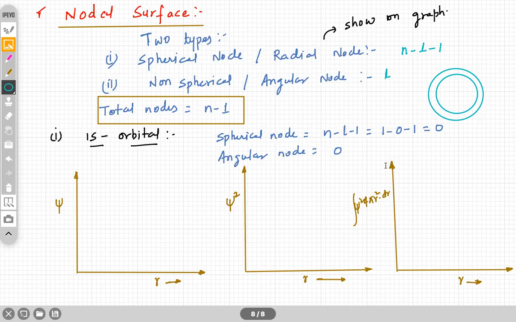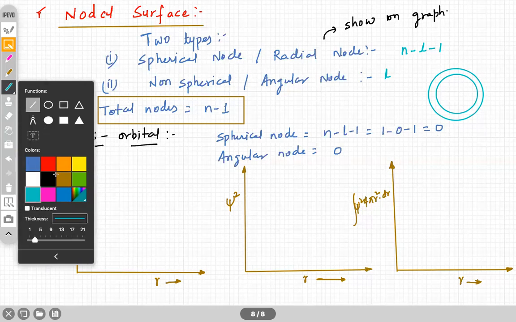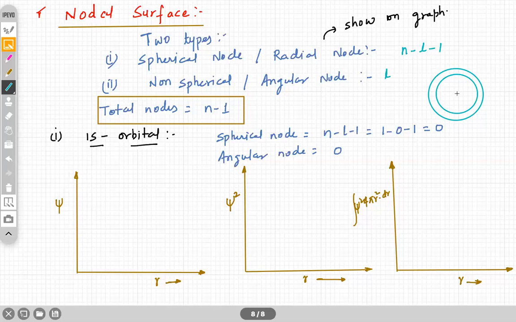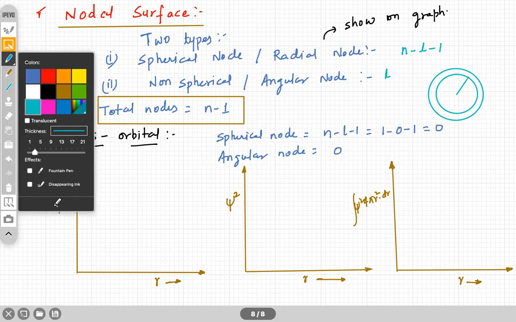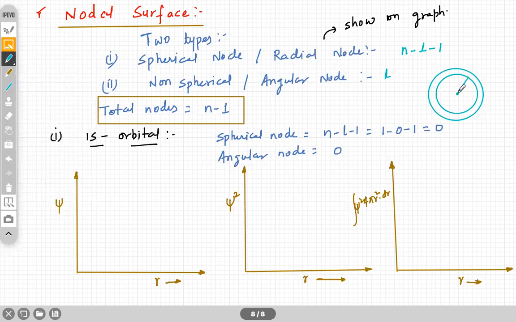This is the radius r we have from this point. And the thickness of this surface is dr, this thickness we can assume as dr.